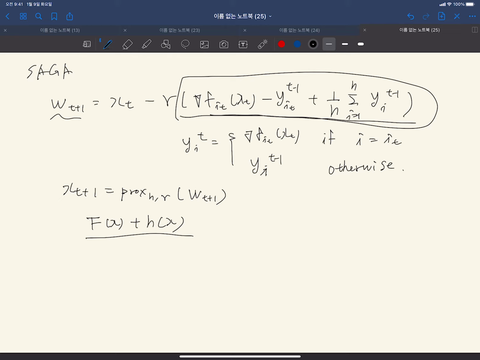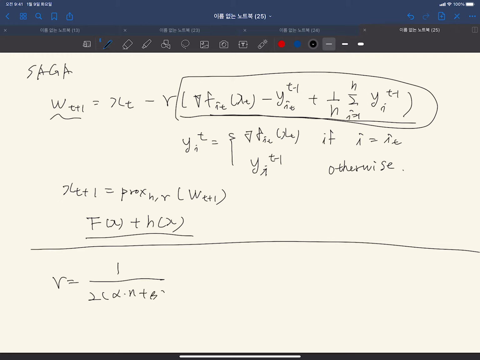The theory of the SAGA paper is this. When we set gamma equal to 1 over 2 times (alpha times n plus beta), then the convergence speed is proportional to (1 minus alpha over 2 times (alpha n plus beta)) to the power k, after k updates.